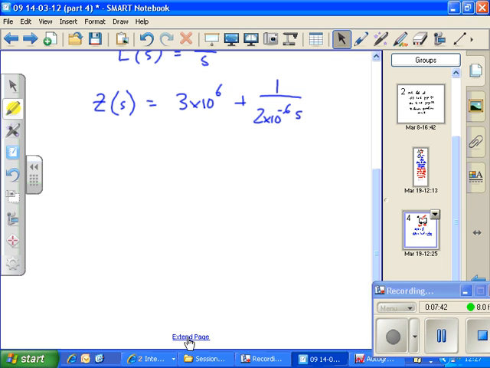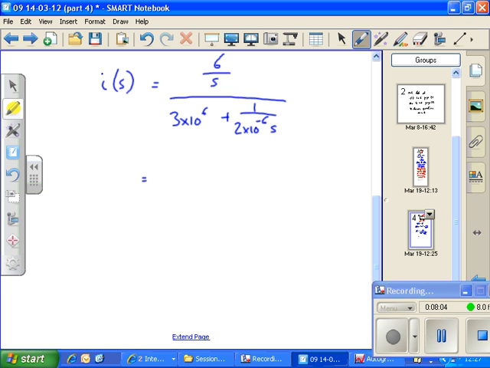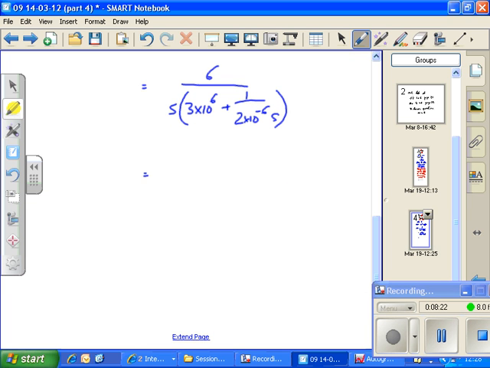Putting these into Ohm's law gives us that IS equals 6 over S over 3 times 10 to the 6 plus 1 over 2 times 10 to the minus 6 S. Bringing the S down means that IS equals 6 over S into 3 times 10 to the 6 plus 1 over 2 times 10 to the minus 6 S. Multiplying out the bracket to the bottom, we get 6 over 3 times 10 to the 6 S plus 1 over 2 times 10 to the minus 6.